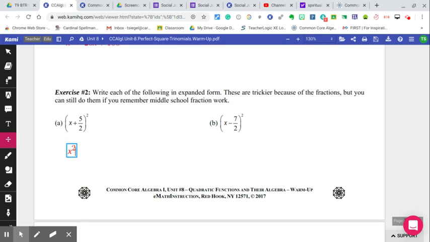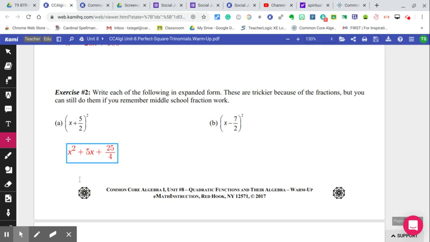So this becomes, if you can't do it, use your calculator, plus 5x. It's a plus sign because the plus is in the binomial. And if you square 5 over 4, it's 25 over 4.